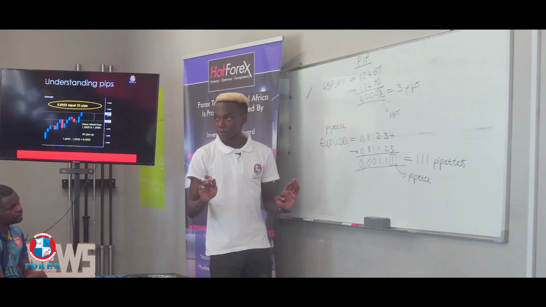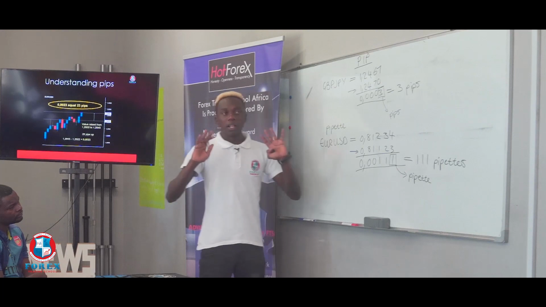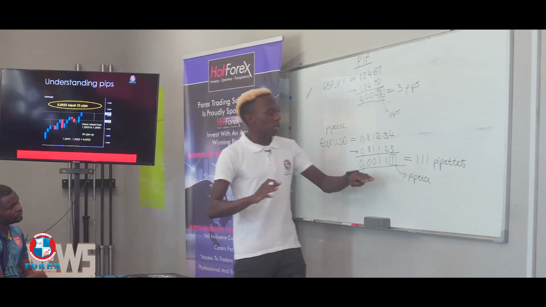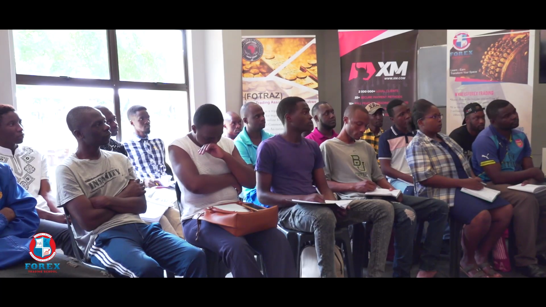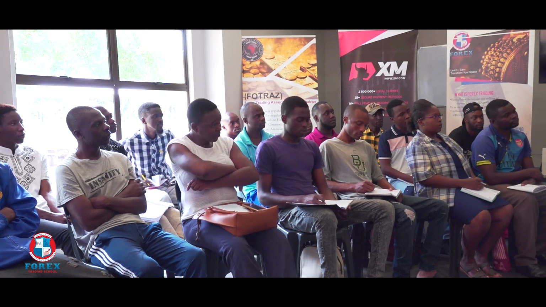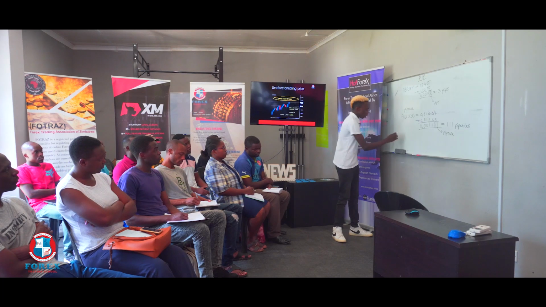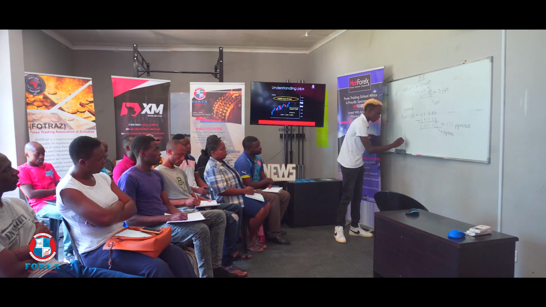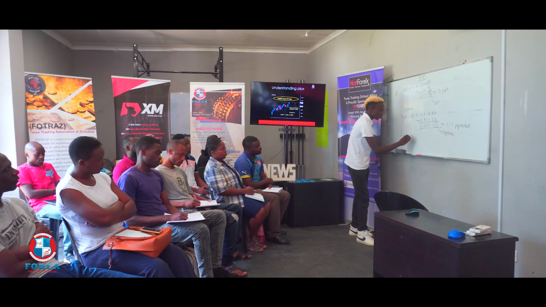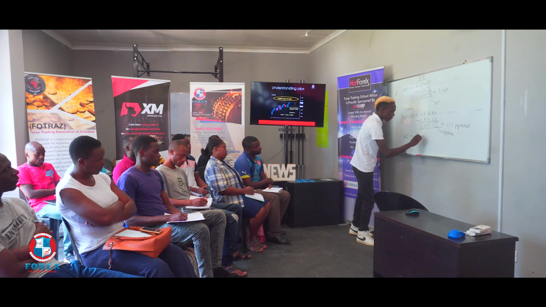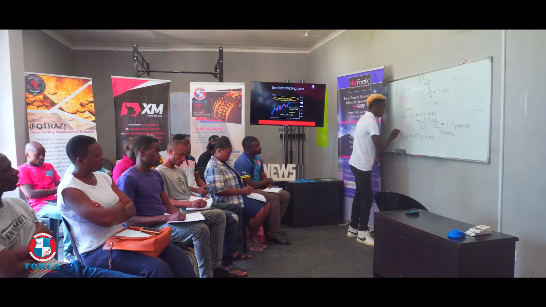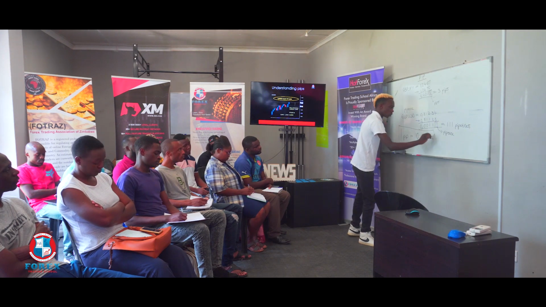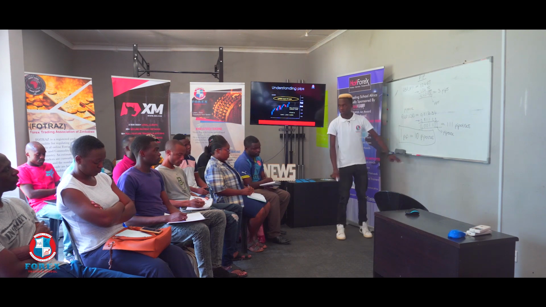You follow? Okay, however, there is a relationship between a pip and a pipet, right? What is the relationship? This is the relationship that they have: 1 pip is equivalent to 10 pipets. This is your golden rule.